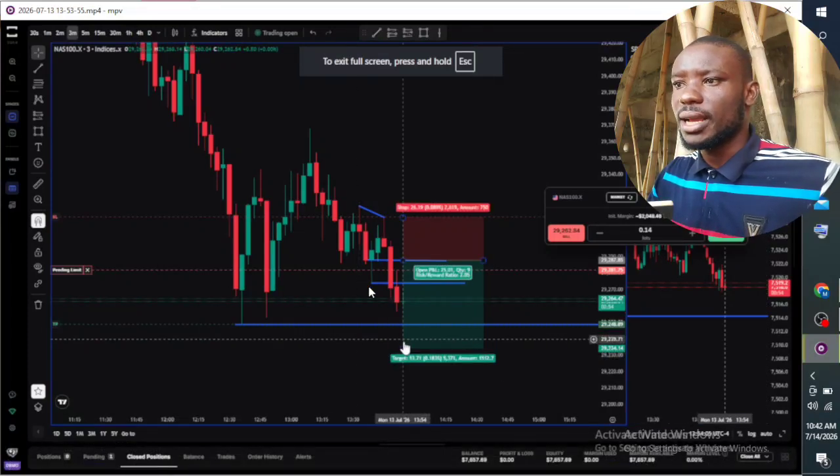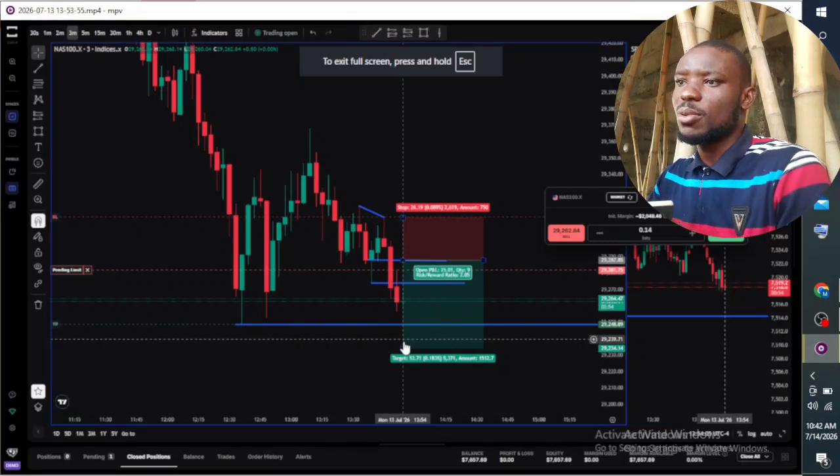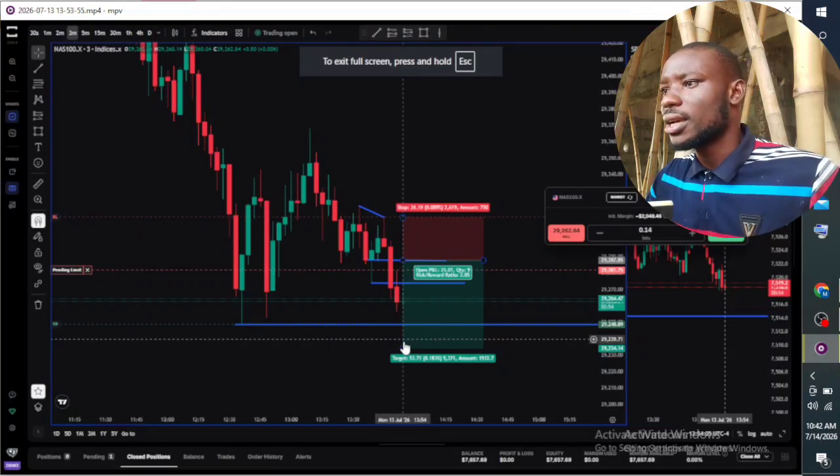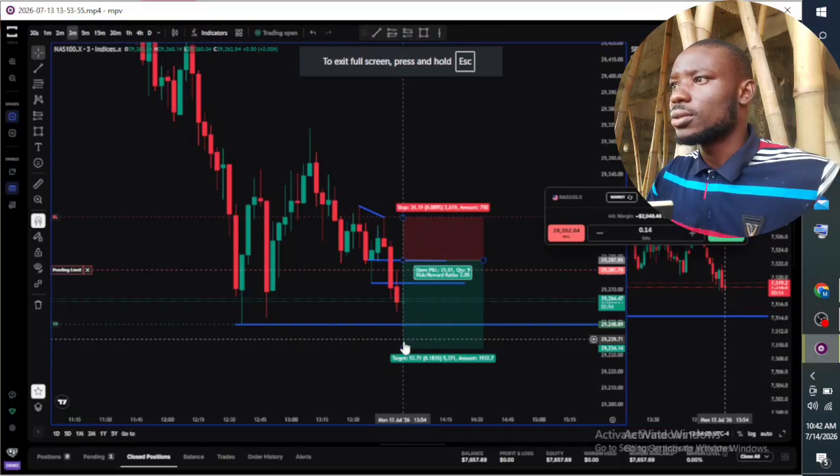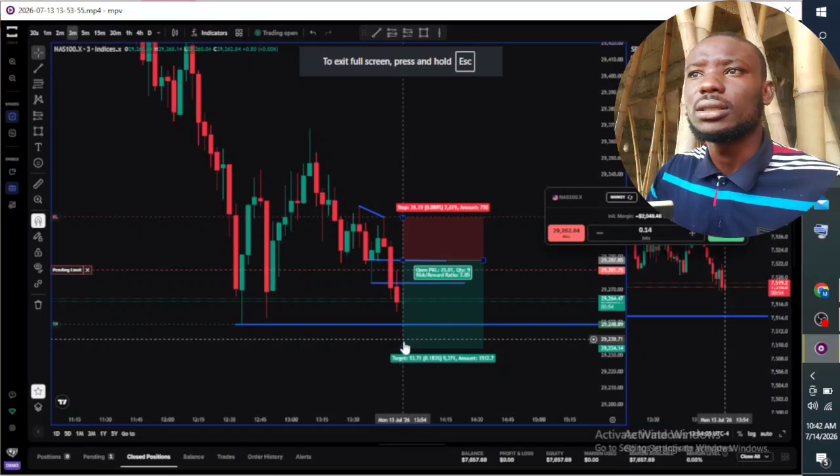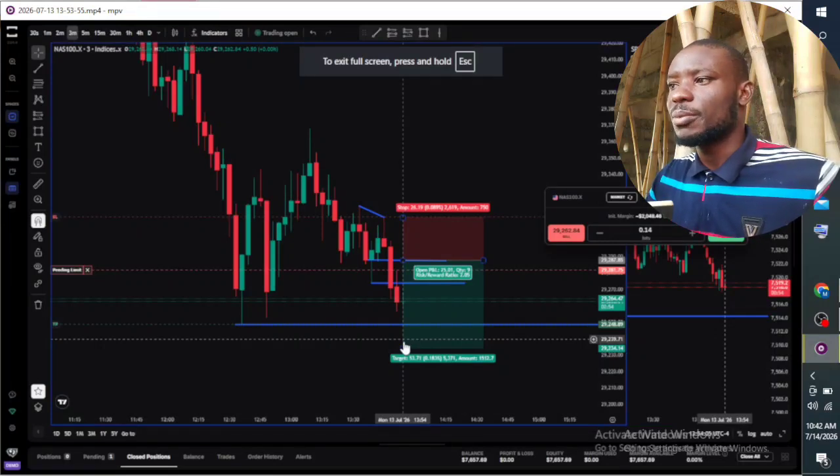Okay, this was the place I got in. It was a sell limit actually, and like I explained before, I had SMT above this high. You can see the SMT above this high. It's pretty close now, so I should have shown you the SMT. Going back, okay, this was a 3 minute time frame. I was strictly on a 3 minute time frame, so that was why I wasn't able to pinpoint the exact point I got into the trade.